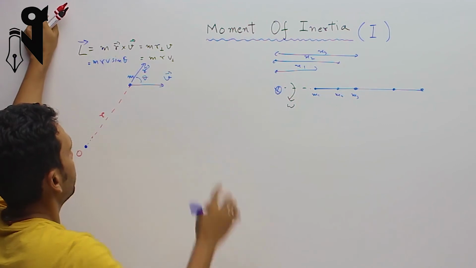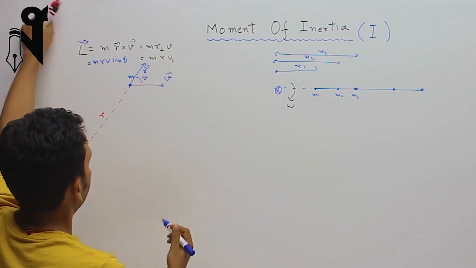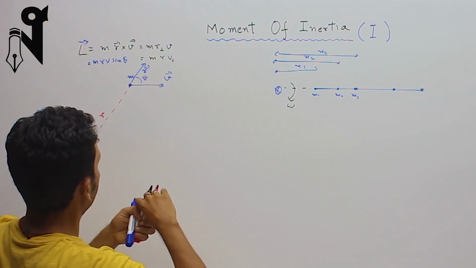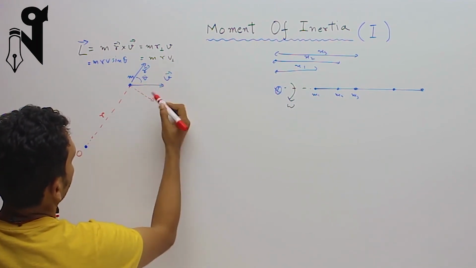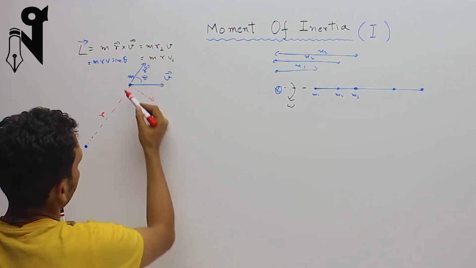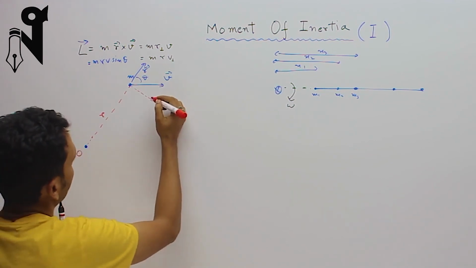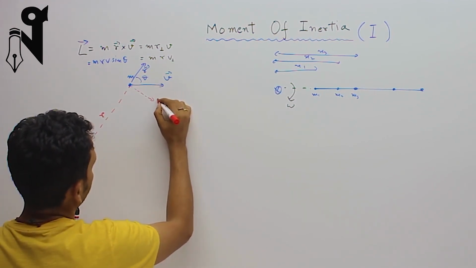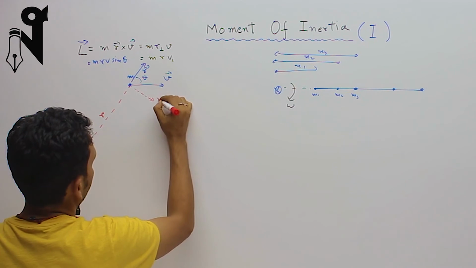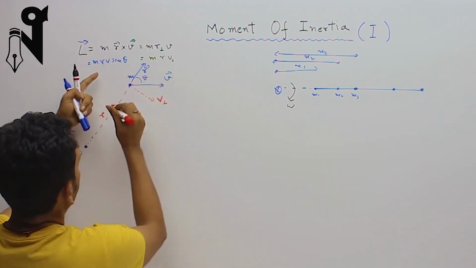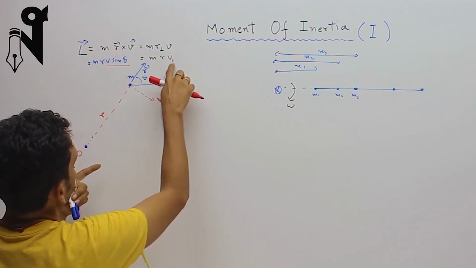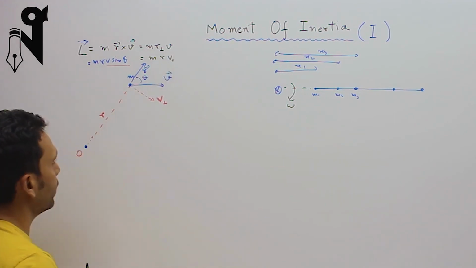Now what is this r perpendicular and v perpendicular? We could have broken our V in two parts, along the R and perpendicular to the R. Perpendicular to the R, I'll call it V perpendicular, and the value of V perpendicular would be V sine theta. So it is r v perpendicular.